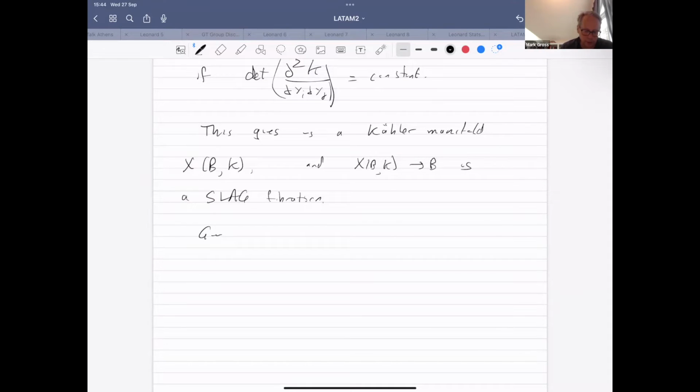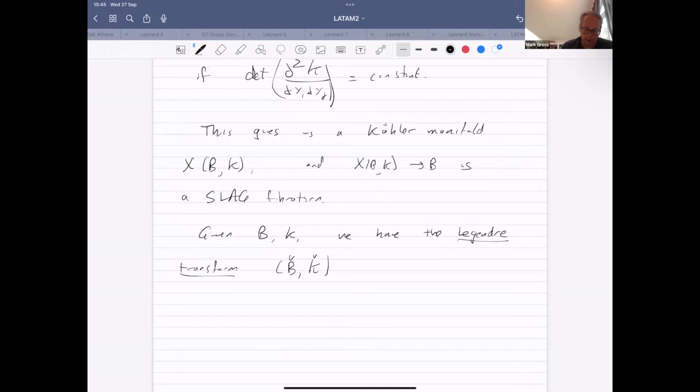So given B and K, we have the Legendre transform, B check, K check. Of course, the Legendre transform should be familiar to any physicist who's had Hamiltonian and Lagrangian mechanics. This is a slightly globalized version.